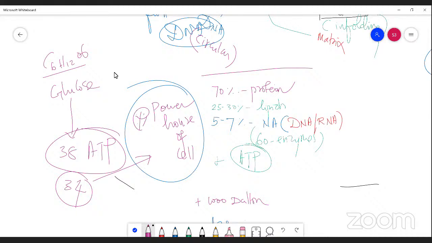Hence it is known as the powerhouse of the cell. So the maximum amount of ATP is generated only by mitochondria.